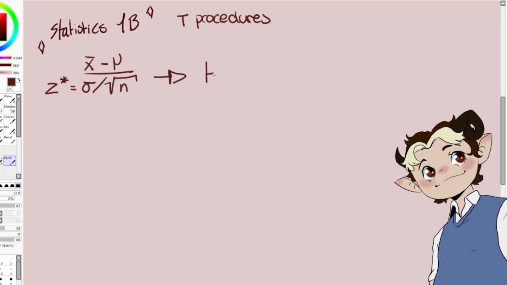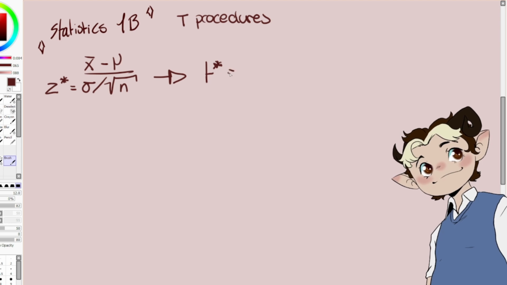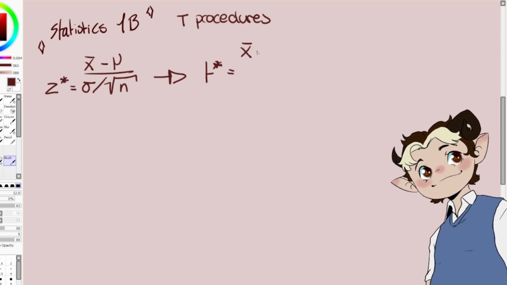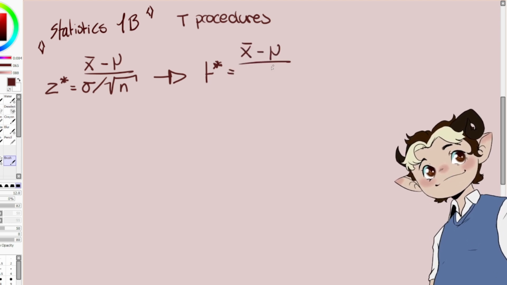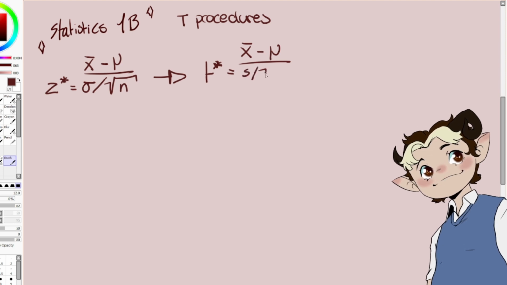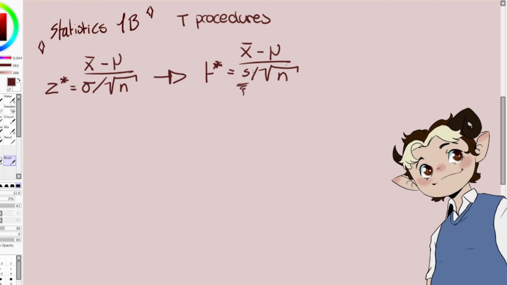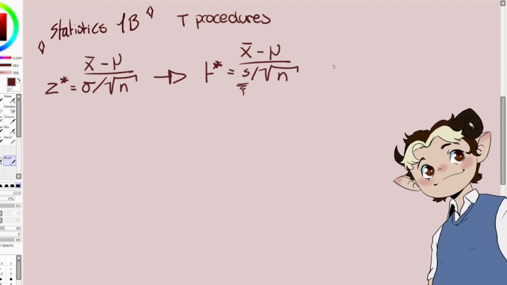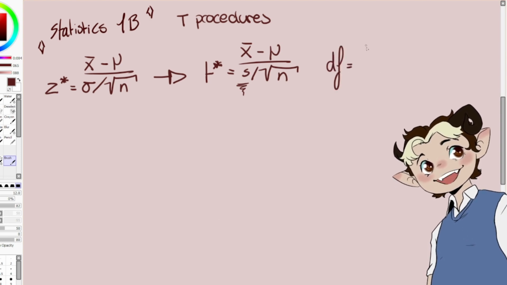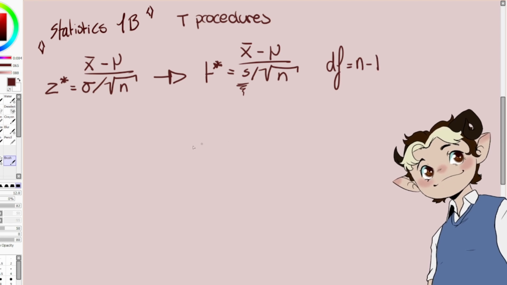For the T procedure, we now have X bar minus mu divided by S divided by the square root of n. That is the only difference. Plus that we now have a degrees of freedom of n minus 1.